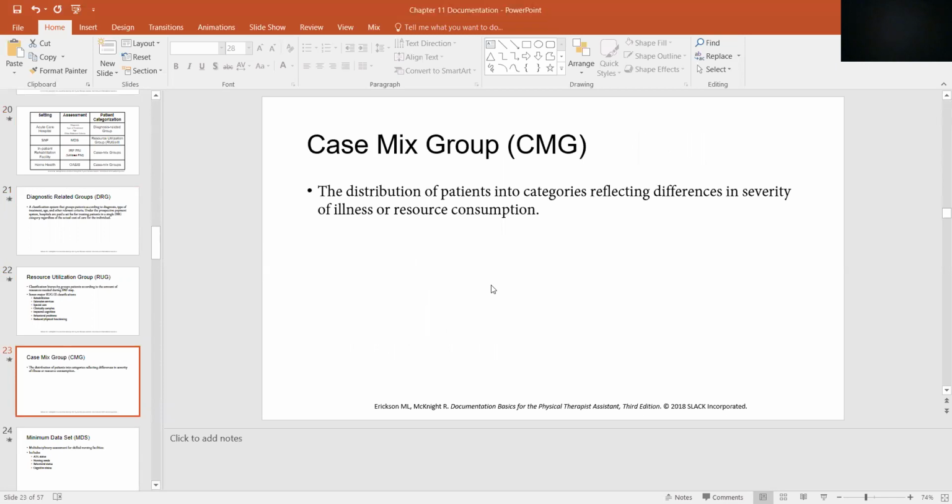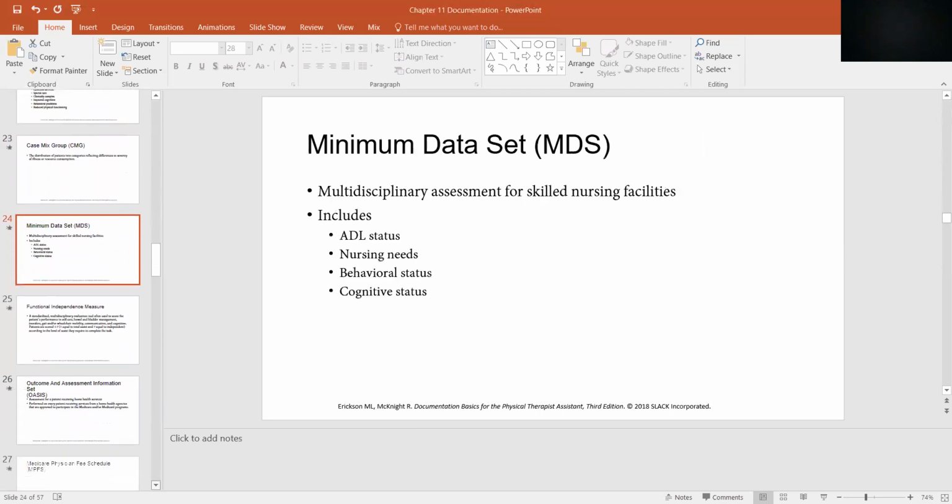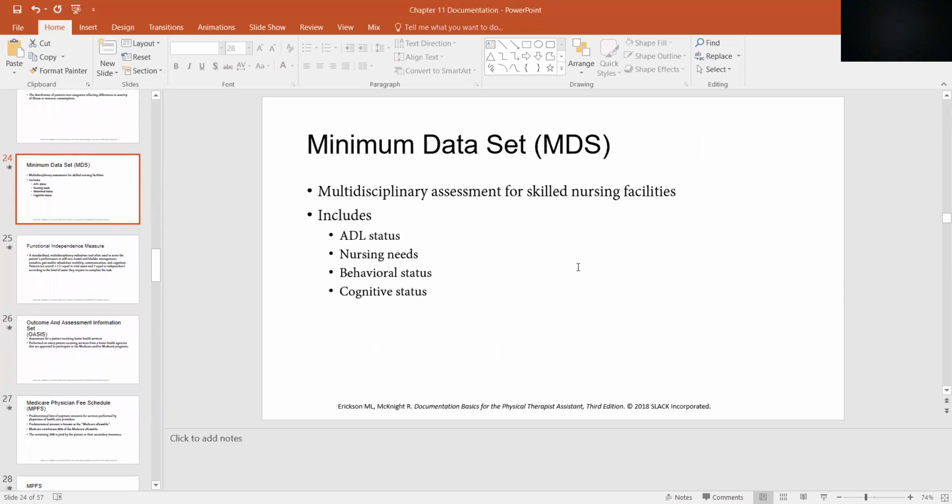The case mix group is a distribution of patients into categories reflecting differences in the severity of their illness or resource consumption. And then that minimum data set, that's what you get in skilled nursing. Again, it involves a multidisciplinary assessment for skilled nursing facilities.